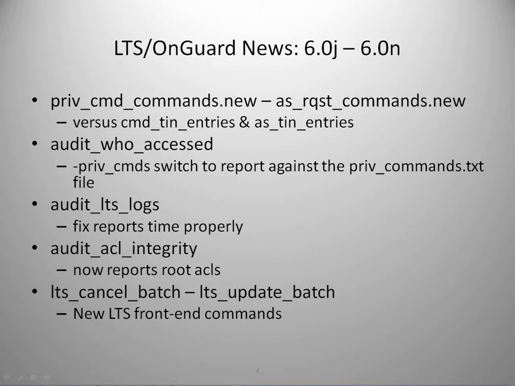So let's talk about the privilege command switch under Audit Who Accessed. Audit Who Accessed allows you to figure out who ran a particular command or who ran a particular file. And the privilege command switch on Audit Who Accessed tells the program to report against a privilege commands.txt file, which is a list of all of the privileged commands in the system.